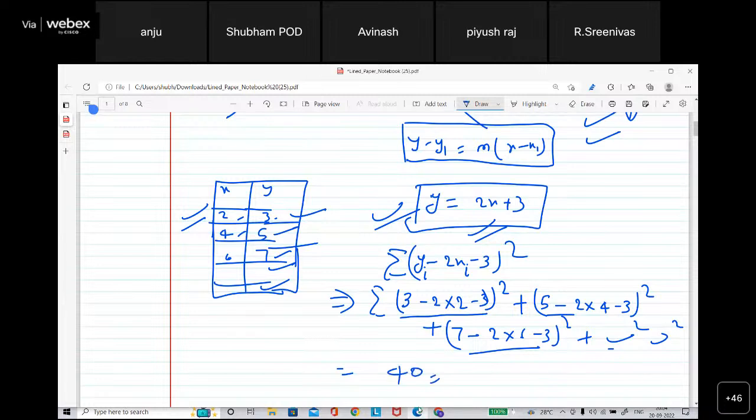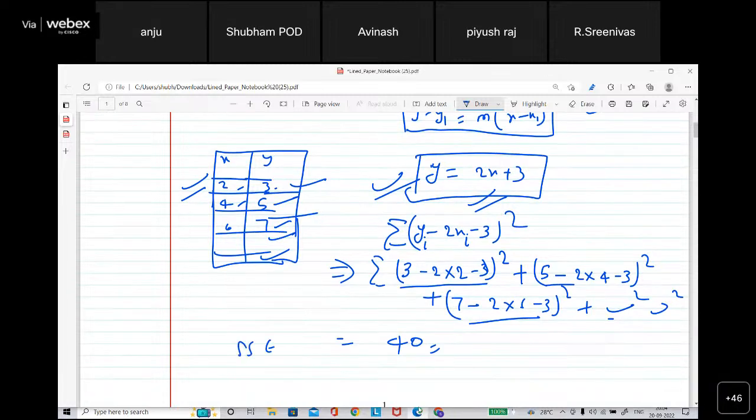So the sum square error SSE for this line is 40. Similarly, suppose there are many line equations given: line L1, L2, L3. Each time you have to calculate SSE. Suppose for L1 we calculated 40.